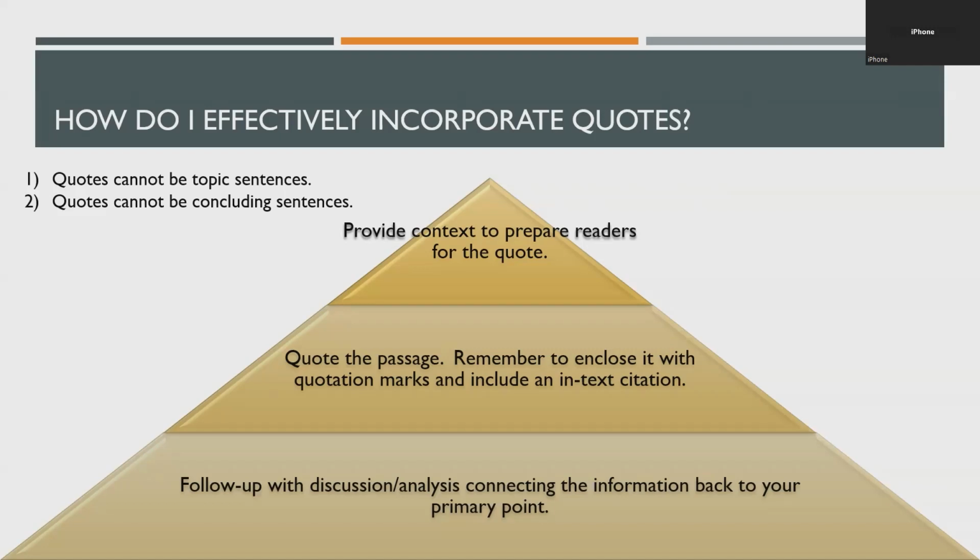There are exceptions here or there, but in general, you do not want to quote in the first sentence of a paragraph. The same is true for the last sentence of a paragraph. So very often body paragraphs are going to end with what we call a concluding sentence. A concluding sentence is sometimes going to summarize what the paragraph is about, or it's going to find a way to wrap up the paragraph.